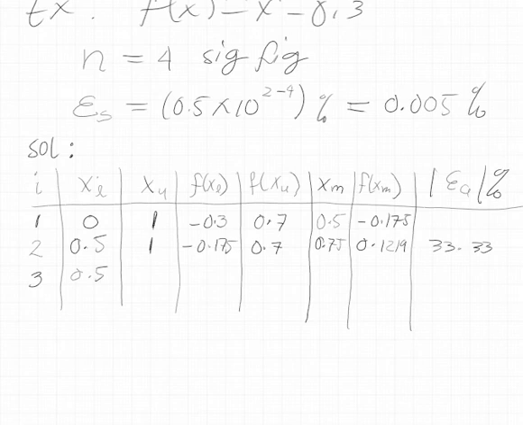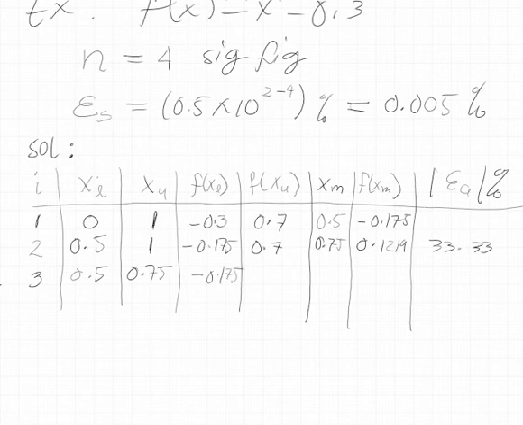But what will be our new xu? It should be equal to the old xm, which is 0.75. Then again, we compute all of this. We just substitute these values here. We came up with for f of xl still the same, negative 0.175.